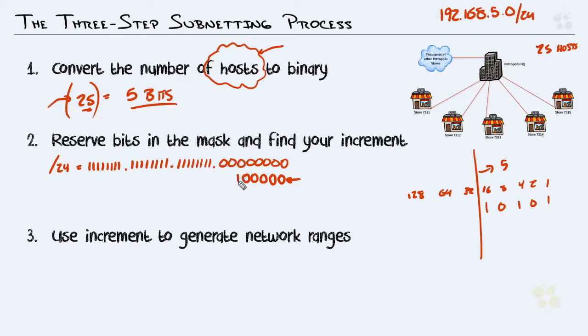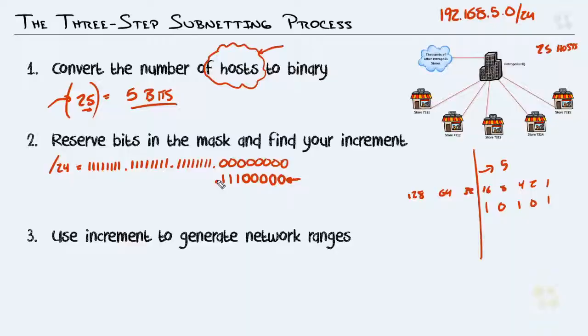The rest of them can flip over to the dark side, the network bits, because we're still doing subnetting, right? We're still breaking one network into multiple networks. We're just saying, instead of focusing so much on how many networks we get, give me as many networks as I can, as long as I can get at least 25 hosts per network, right? That's it. Ta-da! That's the big difference between this and the previous flavor of subnetting.